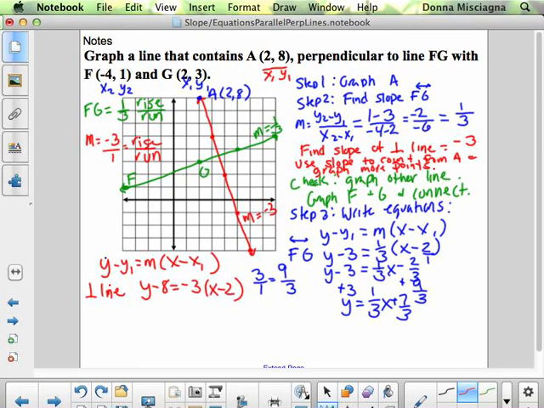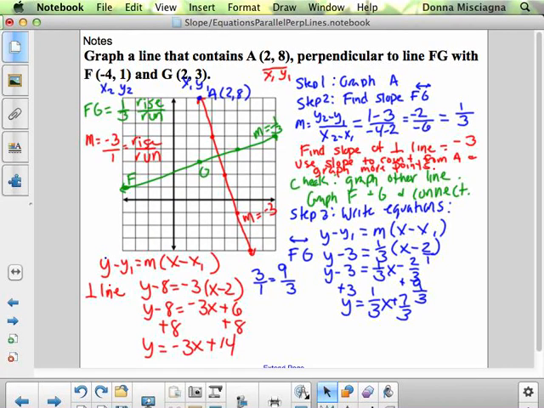We'll distribute. So we have y minus 8 equals -3x, -3 times -2 is a +6. And then we'll add 8 to both sides. So we have y equals -3x plus 14.